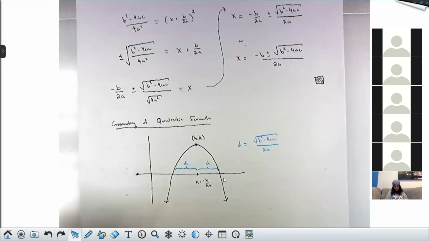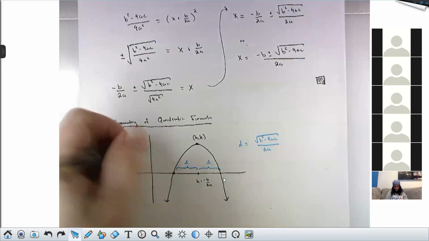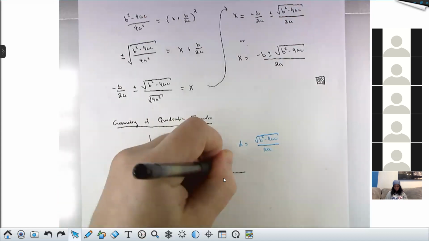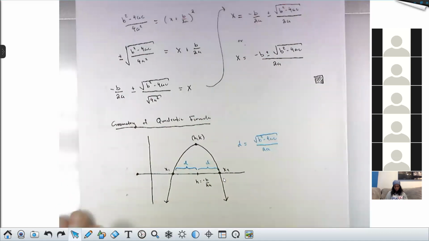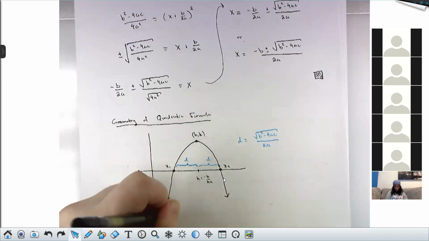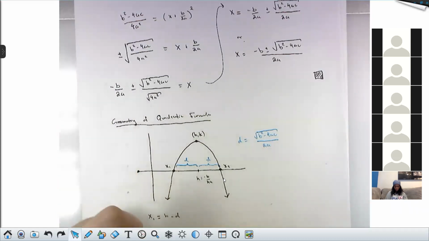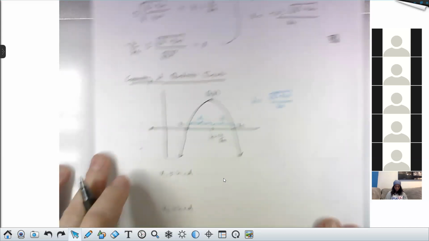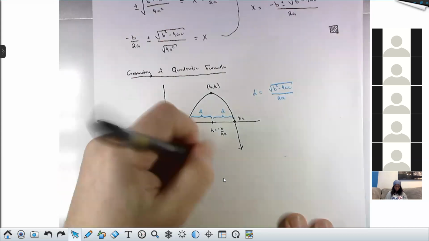If I call this x1, this point here would be (x1, 0). And if I call this guy x2, that point would be (x2, 0). Then x1 is really h minus d, and x2 is h plus d. Which are the things you think they are, right?